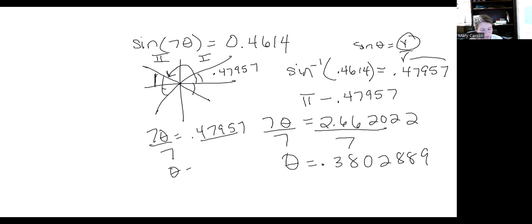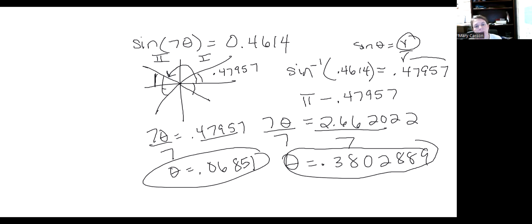That would give you your first actual answer. 0.47957 divided by 7 is 0.06851. So these would be your two answers on this one. This one was just the actual angle, you just divided by 7. This one we had to take pi and subtract this angle, because we wanted to find this value.